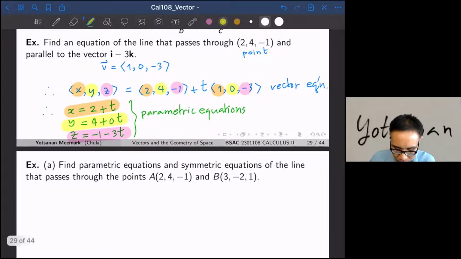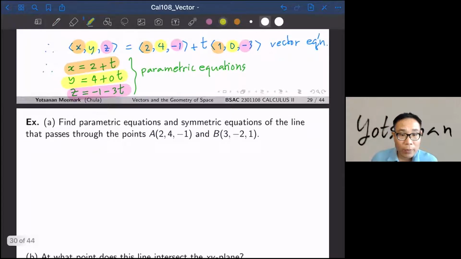Next, let's find the parametric equations and the symmetric equations, which we're going to discuss later, of the line that passes through the points A equal to 2, 4, -1 and B equal to 3, -2, 1. So we have two points and a line.